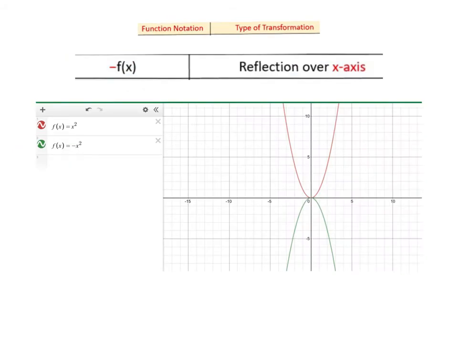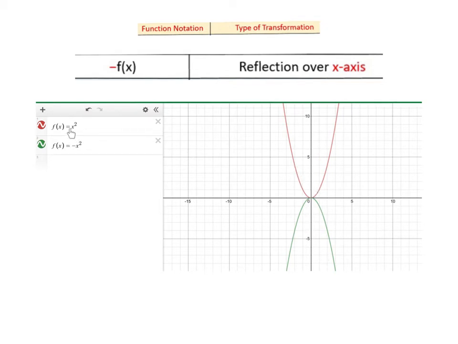All right, moving right along. This one is a little bit different. This is where we have a change, and again, it's outside the parentheses, so it's going to be vertical, up or down. This is actually a reflection. Now, reflection can be up or down or right or left, but if it reflects over the x-axis, then it's basically going down. It's reflecting up or down.